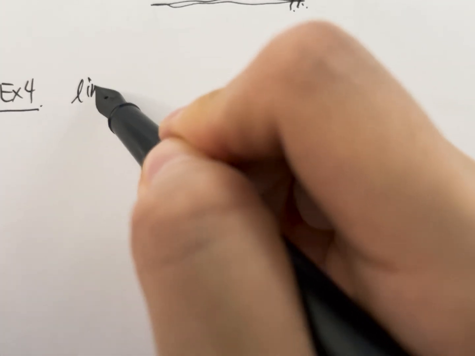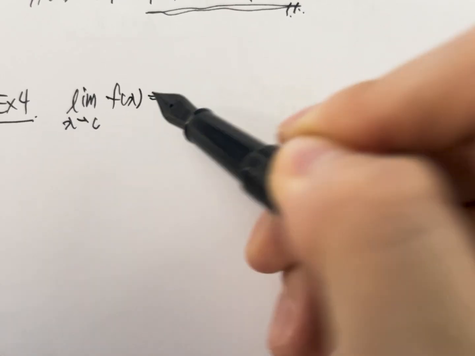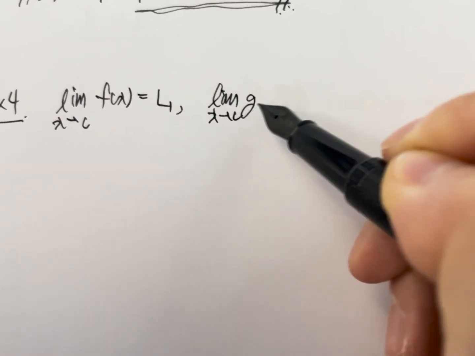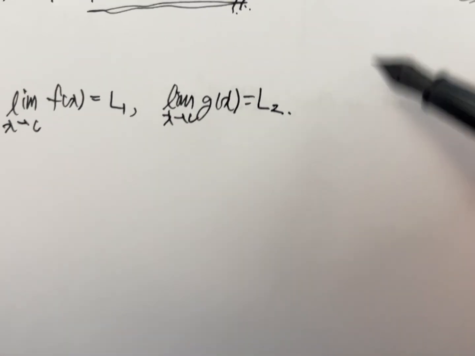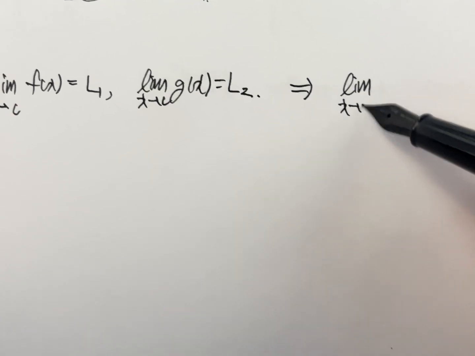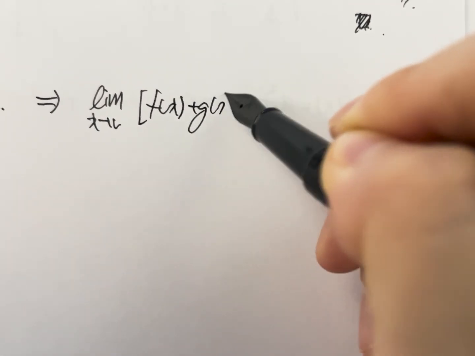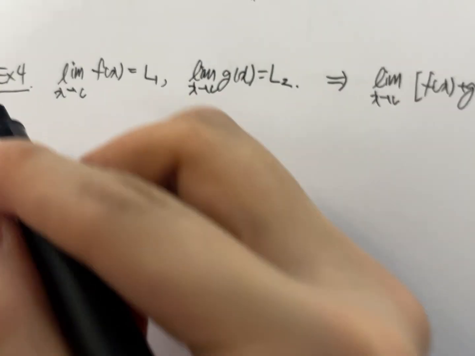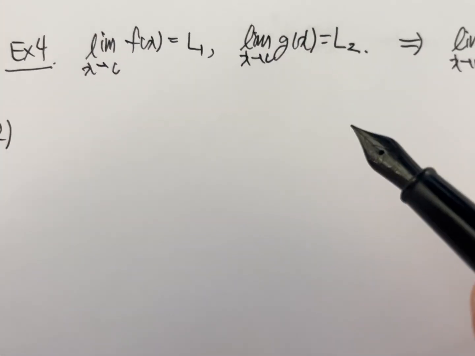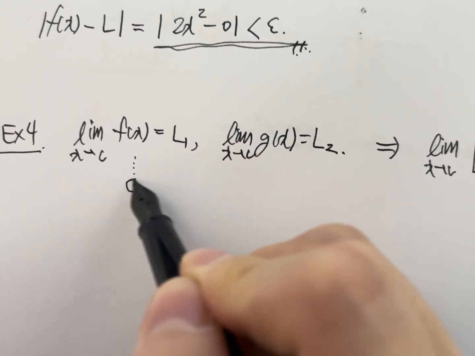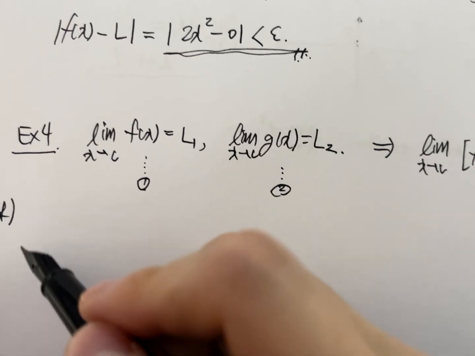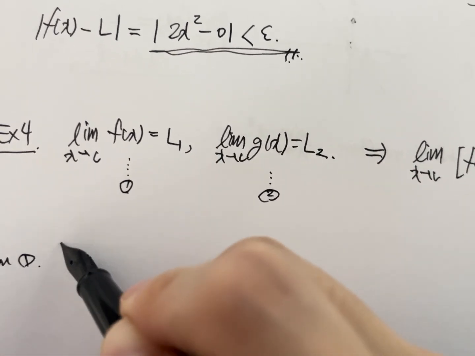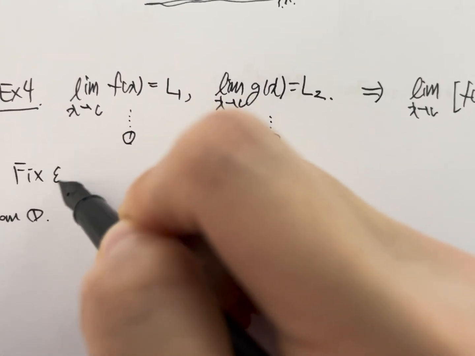Okay, last example. Let's say, then, since we have 1 and 2, okay, first fix epsilon.